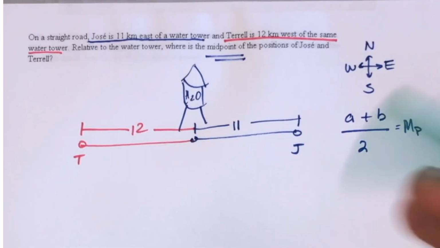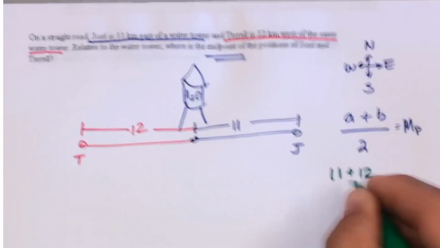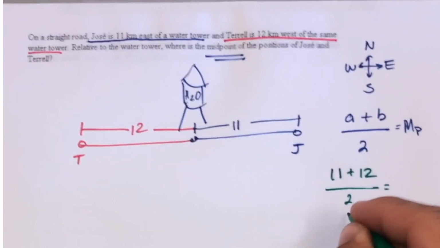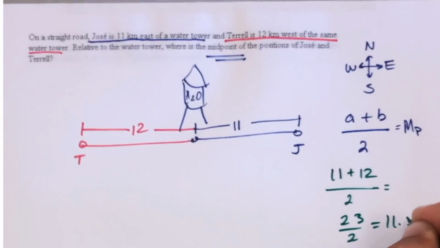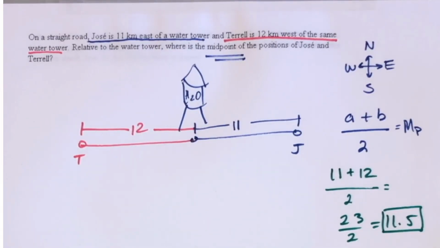I could just use my 11 plus 12 over 2, 23 over 2 is equal to 11.5. So I know my midpoint is going to be 11.5 kilometers.